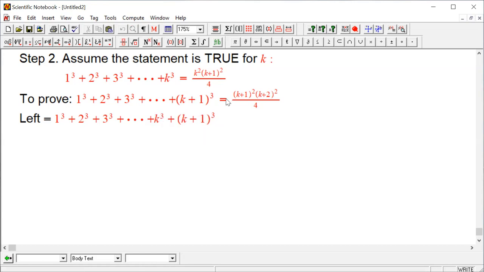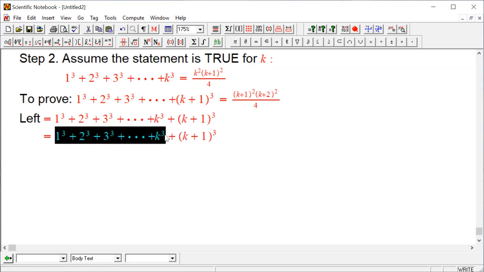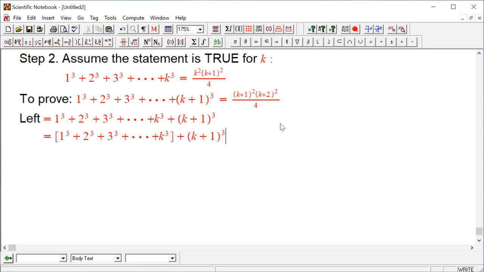We have been using the same technique, but it's really important that you know these facts, and you're going to need to use them in calculus 1. And over here, we're going to regroup the first k terms, and on the first k terms we can apply the assumption. So the bracket is replaced by the assumed expression plus (k plus 1) to the power 3.